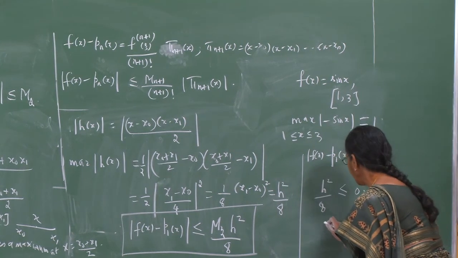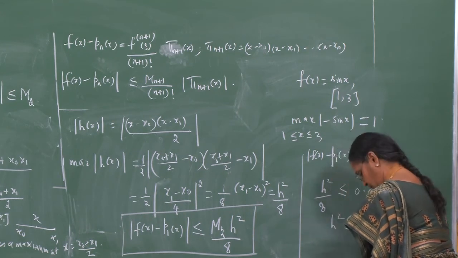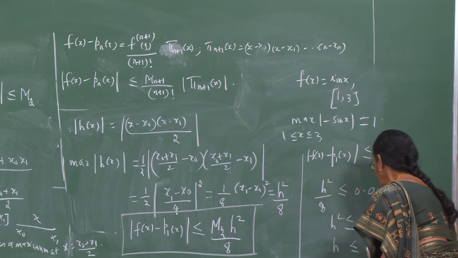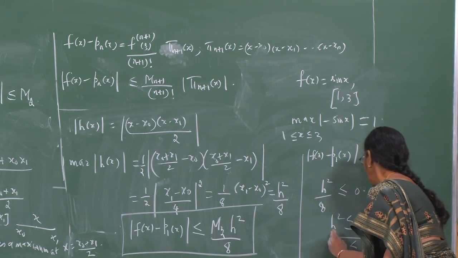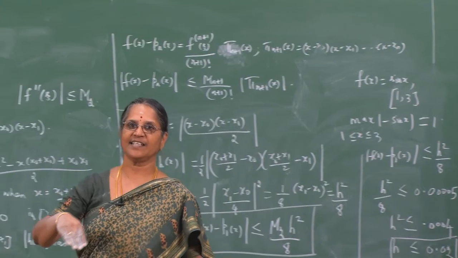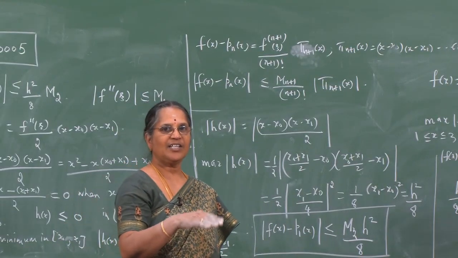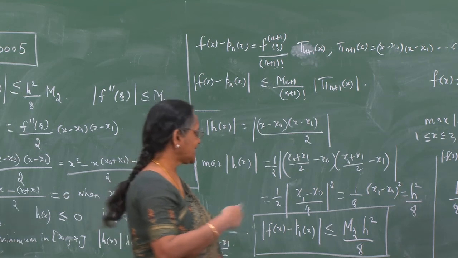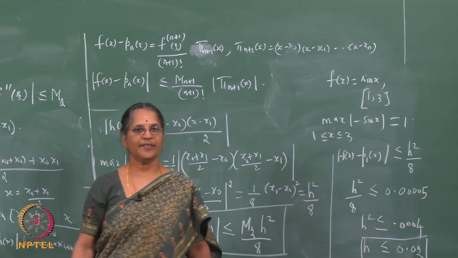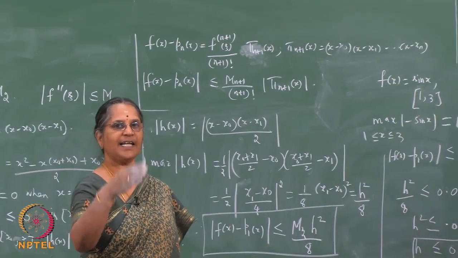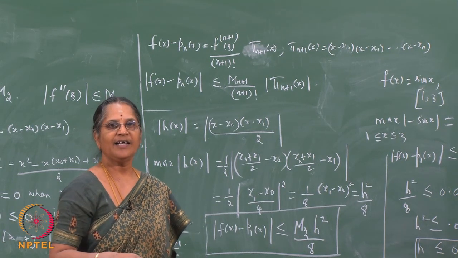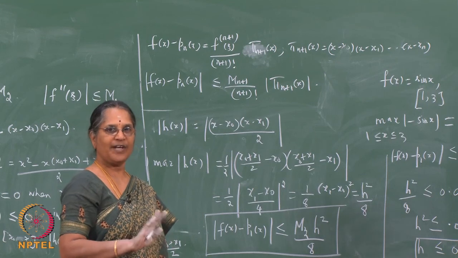So, that gives you h square to be less than or equal to 0.0004. So, h is less than or equal to 0.02. So, if you have a table of values of sin x at xi, which are equally spaced with step size h less than or equal to 0.02, then your result in approximating sin x by a linear interpolating polynomial will be correct to 4 decimal places.